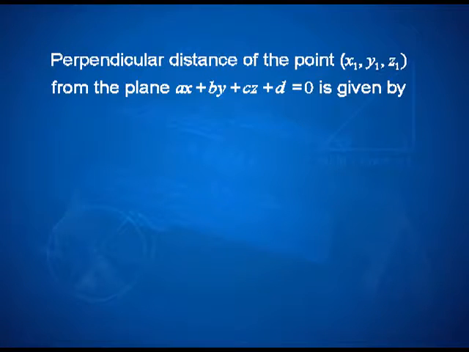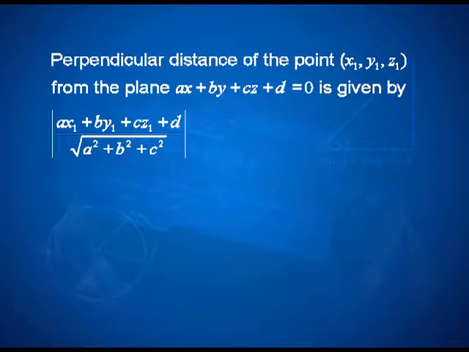Also, we have a small result which suggests that the perpendicular distance of a given point x1, y1, z1 from a given plane ax plus by plus cz plus d is given as the absolute value of ax1 plus by1 plus cz1 plus d, divided by the square root of a squared plus b squared plus c squared.